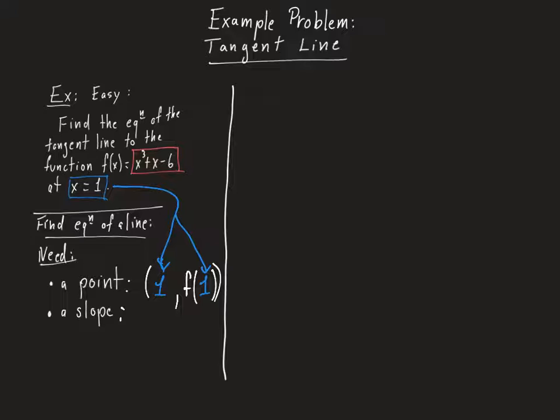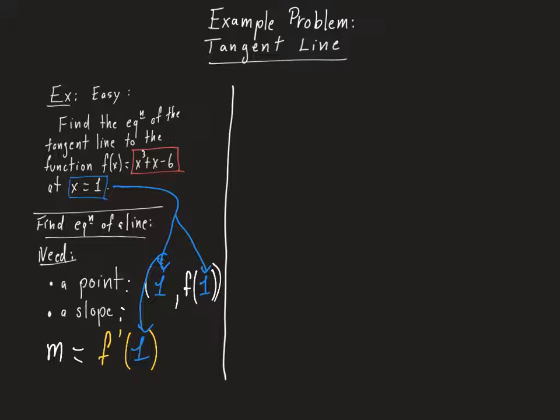All right, where the calculus comes in is where you get the slope. Remember that the slope of the tangent line is given to you by the derivative, where you're plugging in, again, the same x value, in this case 1.